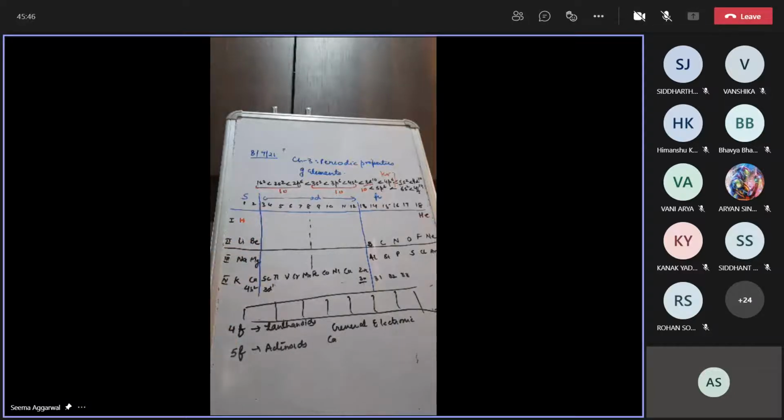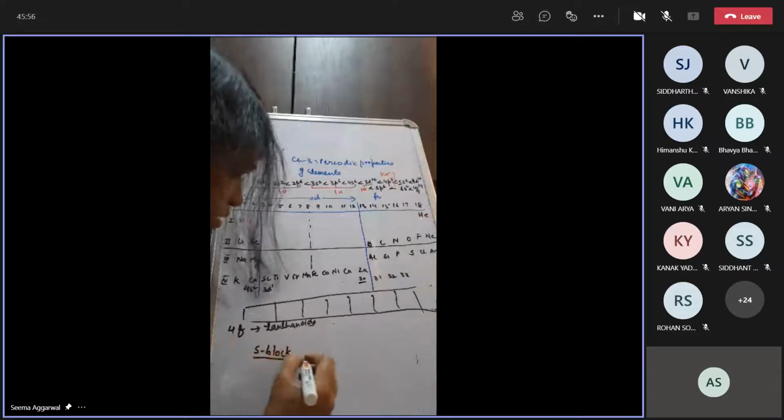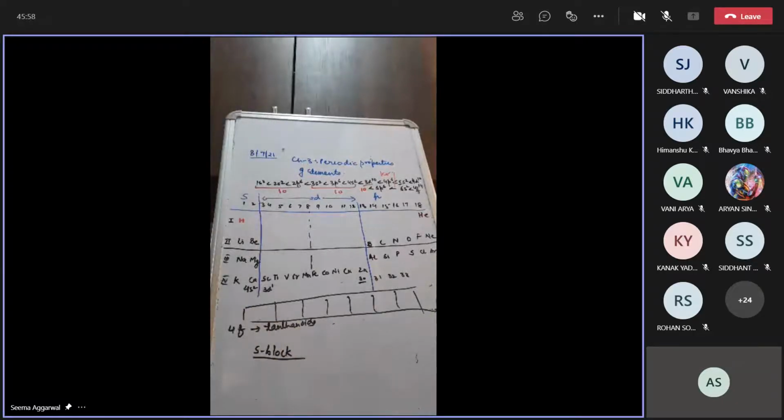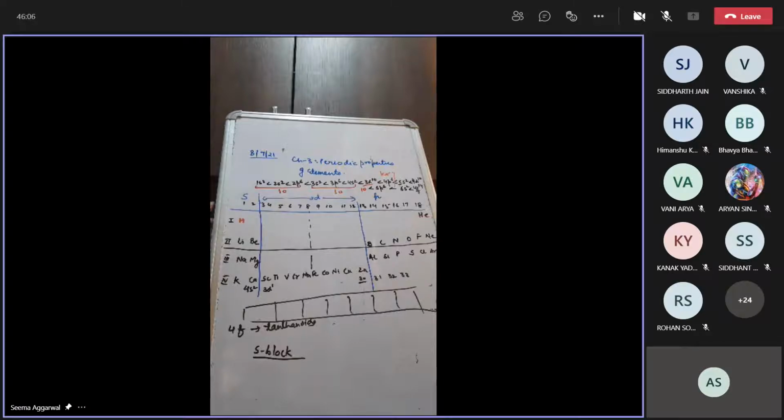General characteristics of S block elements. Okay. The periodic table I have explained to you. यहाँ पर आपकी characteristics है. Now first, S block elements. Now we are studying these elements systematically. Now what are these elements called, group 1? What is the name given to these elements? You must have studied alkali metals.